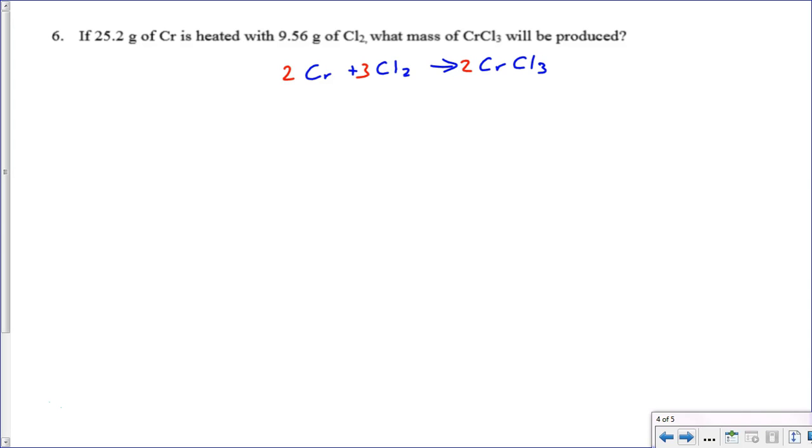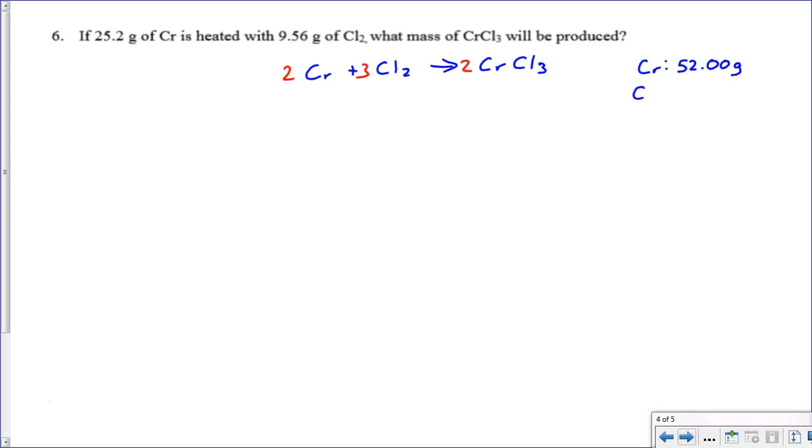Now we need a lot of molar masses in this one from the periodic table because we need the molar mass of chromium and the molar mass of Cl2, because those are the 2 reactants that we start with. But we're going to try and get into mass of CrCl3 in the end, so we also need the molar mass of that. So these 3 molar masses: chromium, the molar mass from the periodic table is 52.00 grams.